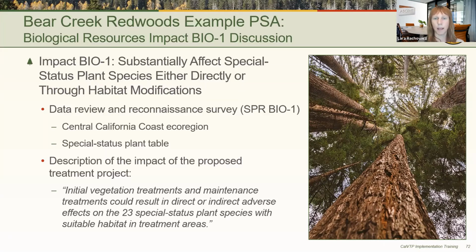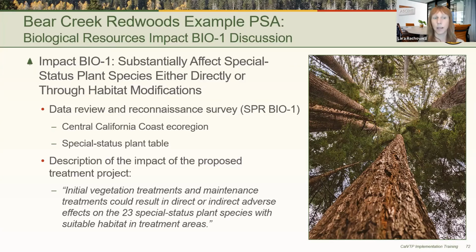As required by SPR Bio 1, we first conducted a data review and reconnaissance level survey for special status species in order to determine the species that could be affected by treatment implementation. We also conducted a reconnaissance survey to document sensitive resources and to assess the suitability of the habitat for special status species.